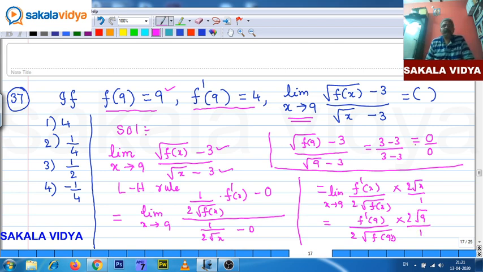So now f dash 9 is equal to 4, so 4 by, f of 9 is equal to 9, root 9 is 3, into 6. 4 by 6 into 2 into 3, 6, 6 cancel, 4. First option is the right option.